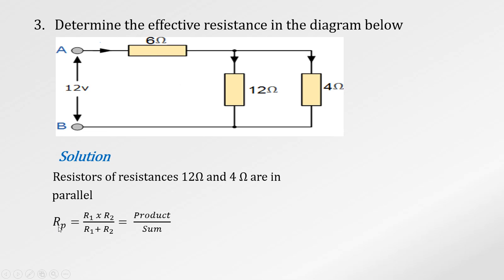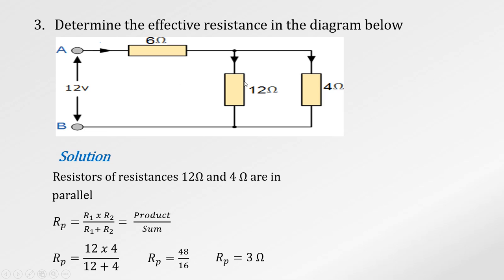So I'm calling it RP, the total resistance for resistors which are in parallel. Since there are 2, product over sum. 12 times 4 over 12 plus 4, giving us 48 over 16. And we shall get RP is 3.